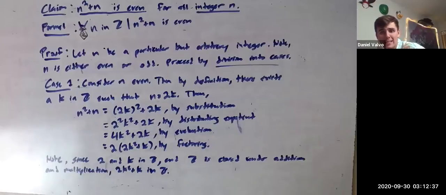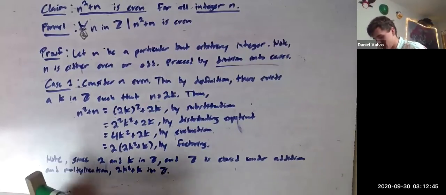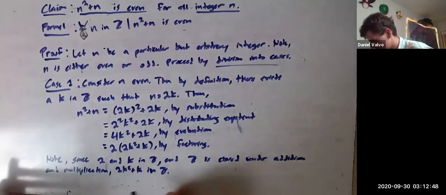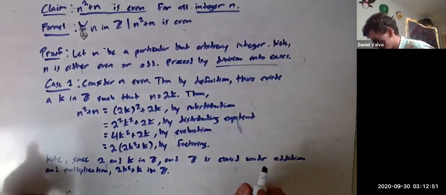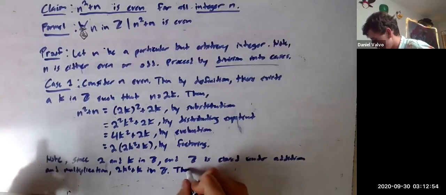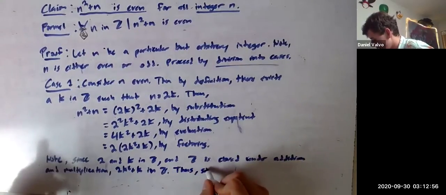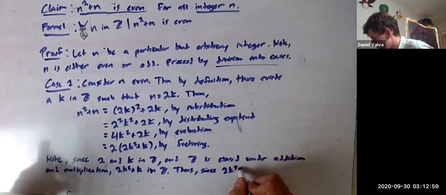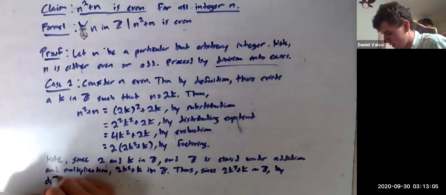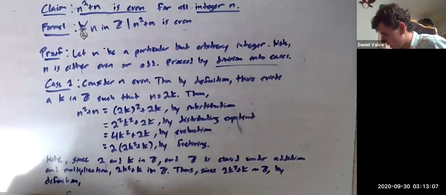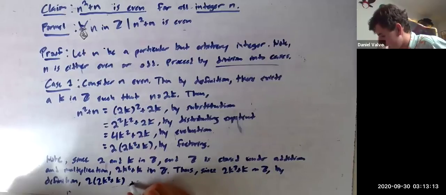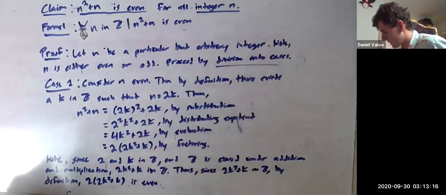The closure thing we talked about last time, that's just things you can assume, right? Our few assumptions we started with are that the integers exist, we know what they are, and they're closed under addition and multiplication. Then we have that, thus, since 2k squared plus k is in Z, by definition, 2 times (2k squared plus k) is even.